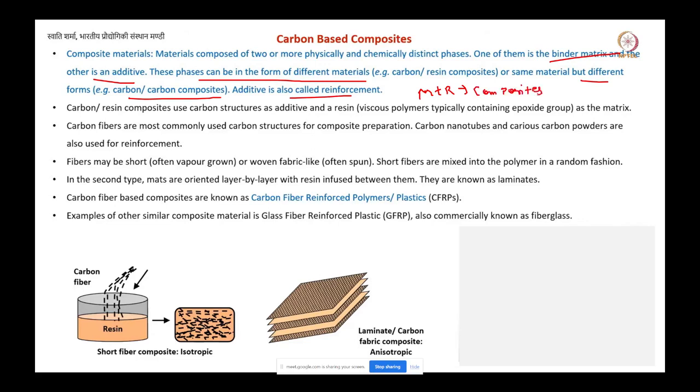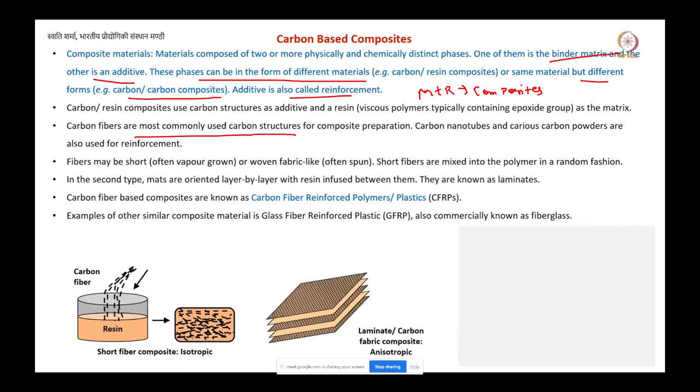composite. Now the carbon or resin composite uses a carbon structure as additive, and resin as a matrix, and carbon fibers are the most commonly used carbon structure for composite preparation. Carbon nanotubes and carbon black are also used as a reinforcement. Fiber may be short or woven fiber, like short fibers mixed into the polymer in a random fashion.